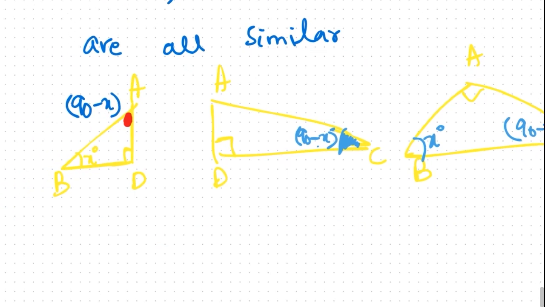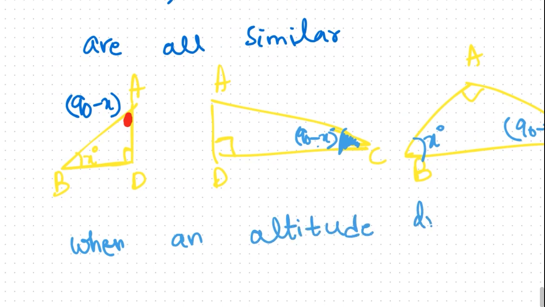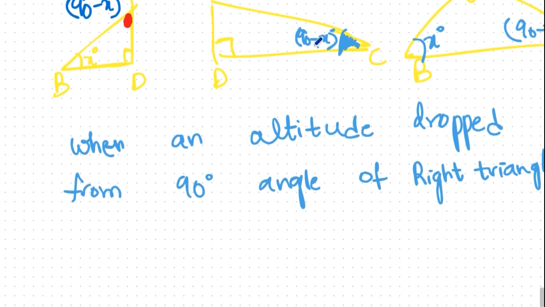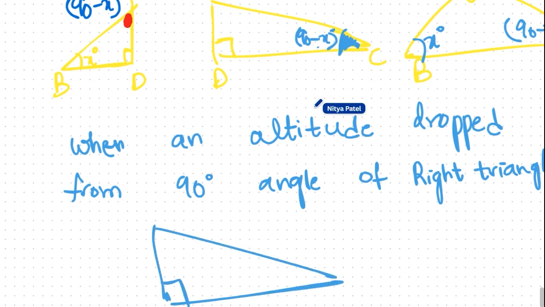So when an altitude is dropped from the 90-degree angle of a right triangle, read this carefully. Let's say the triangle is like this, 90 degrees here.